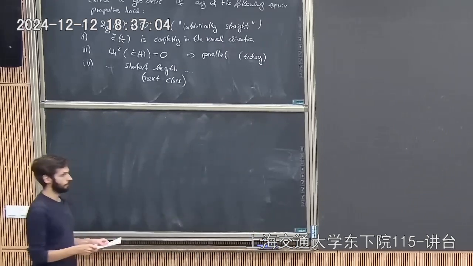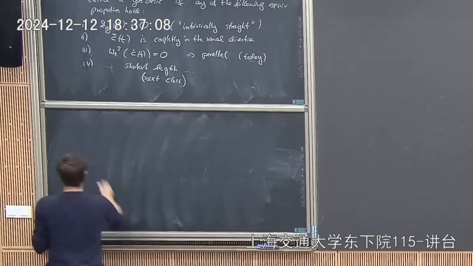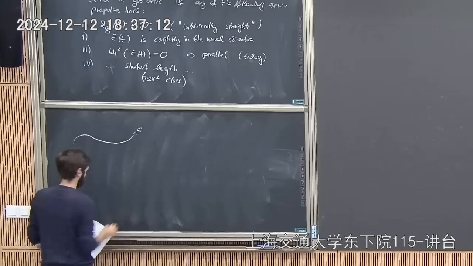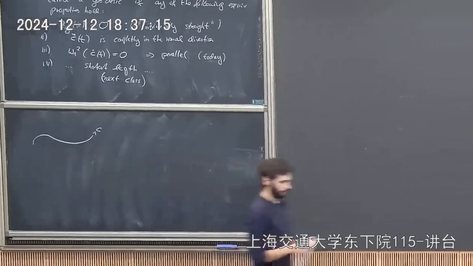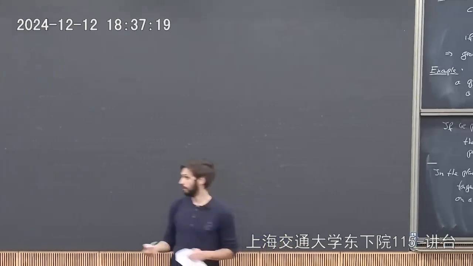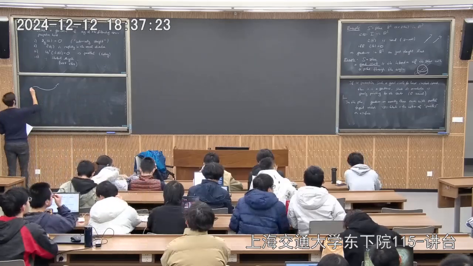We would like to compare the tangent vectors with each other. So we have a curve, and we have essentially a vector field along the curve. So at every point, we get a certain vector.